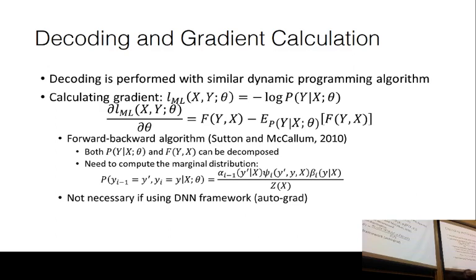So we have all the possible paths, but only one of them is correct. So what we want to do is go through that path and maximize its probability. So our loss will be the difference between probability one for the correct path and the actual probability that our model gave to this path.